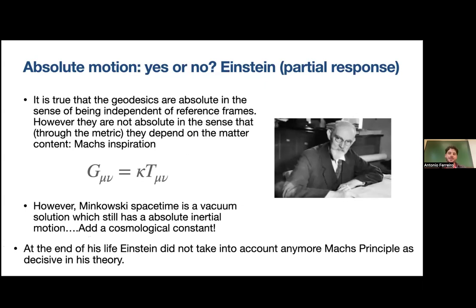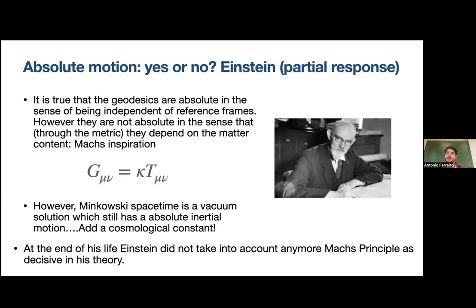So even in the absence of matter, now today we know that there is a whole tensor, the Weyl tensor, that doesn't depend on the matter components, which is telling us something about the metric. So it's not completely determined by matter.